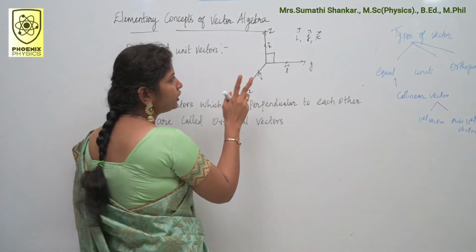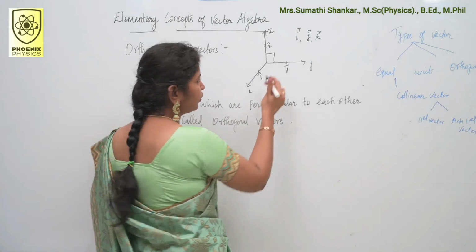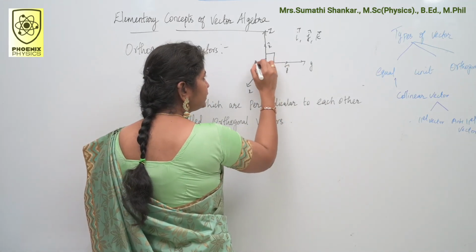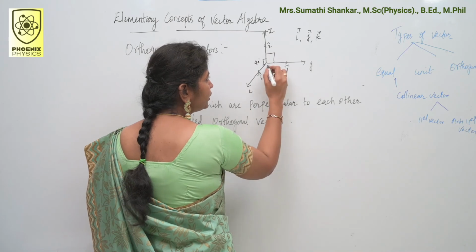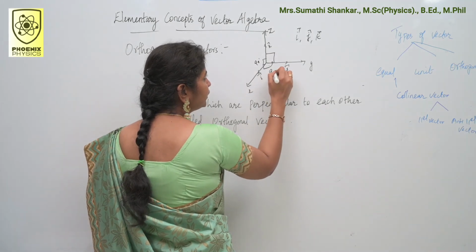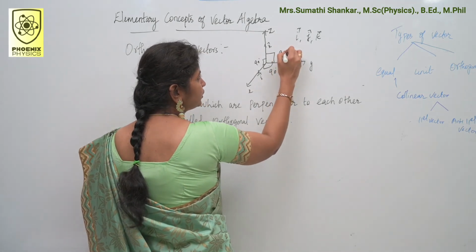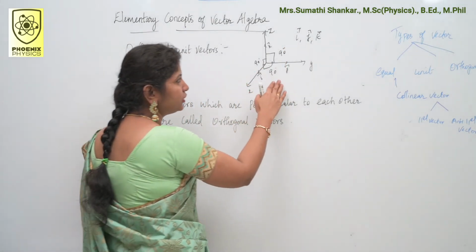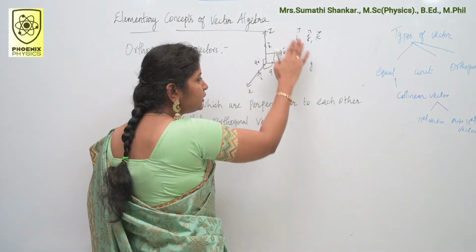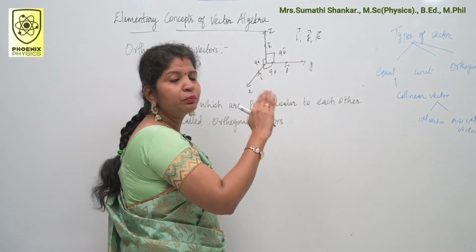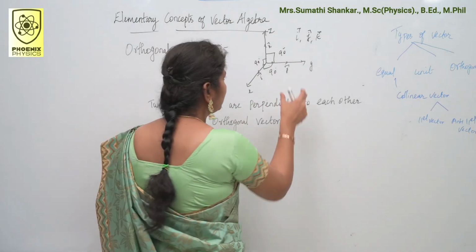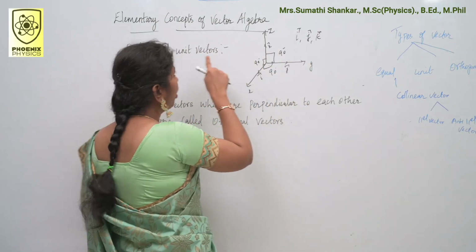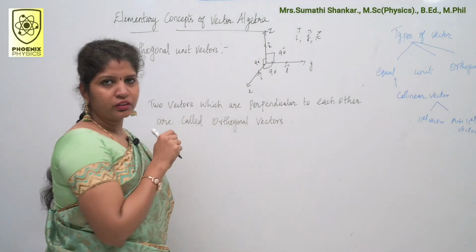The angle between any two vectors, for example, the angle between I and K is 90 degree, or I and J is 90 degree, then J and K is 90 degree. So the angle between any two vectors is 90 degree because these three are mutually perpendicular to each other. So these I, J, K are called orthogonal unit vectors.